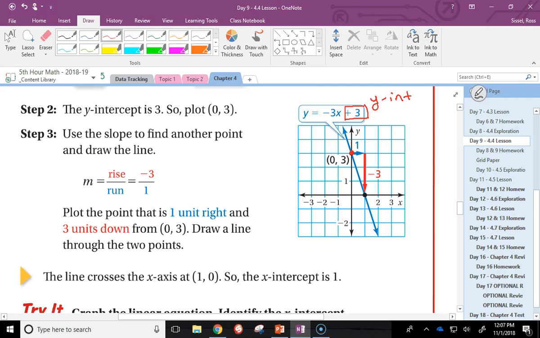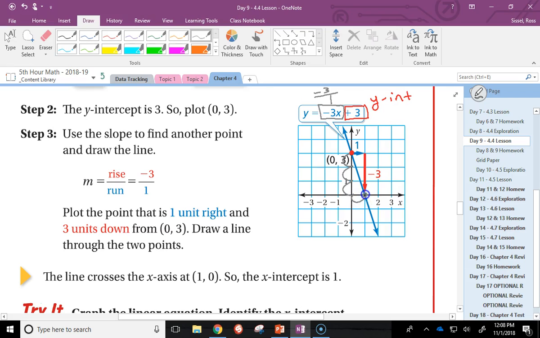Then, our slope. I'm going to use gray so you don't see it as much, but our slope was negative 3, and if we put it as a fraction, it's negative 3 over 1, which means go down 3 and 1 to the right. So I start at this y-intercept and I go 1, 2, 3. I go over 1.